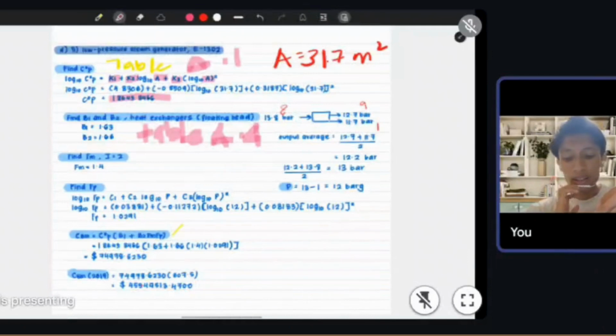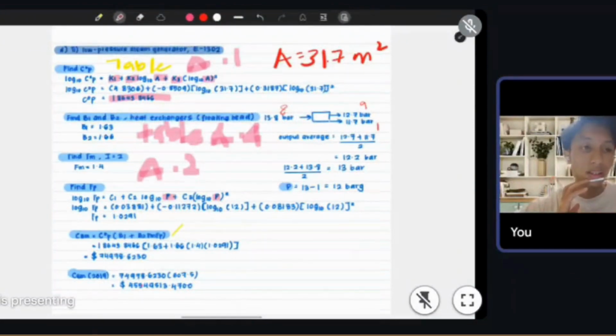After FM, we calculate the FP using a formula with C1, C2, and C3. We can get the C1, C2, and C3 values from table A2. For the pressure value, the in-stream is stream 8, and the out-streams are streams 9 and 10.